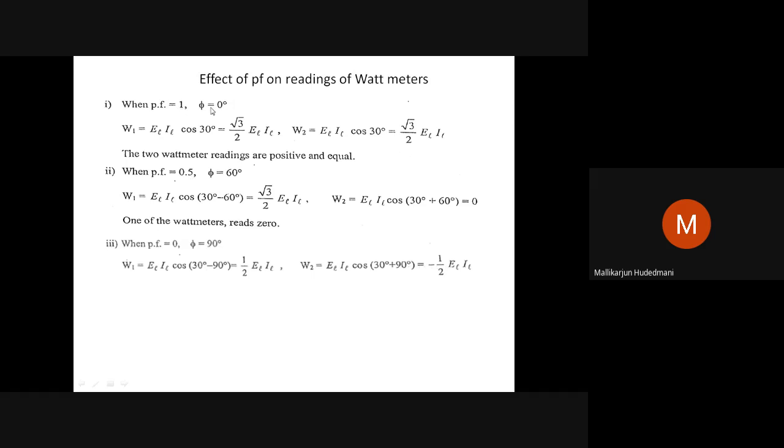When power factor angle is 0, 30, 60, 90, all the four cases you will find. Both are equal and positive when power factor is 1 or phase angle is 0. Both are equal and opposite when the power factor angle is 90 or power factor is 0. One of the instruments goes 0 when power factor angle is 60 or power factor is 0.5.